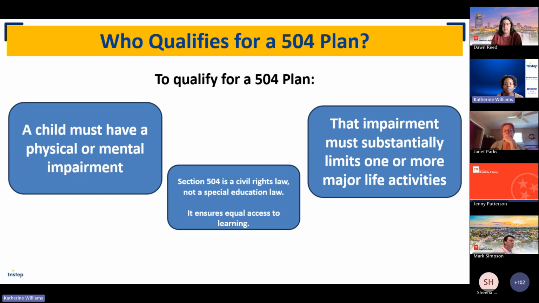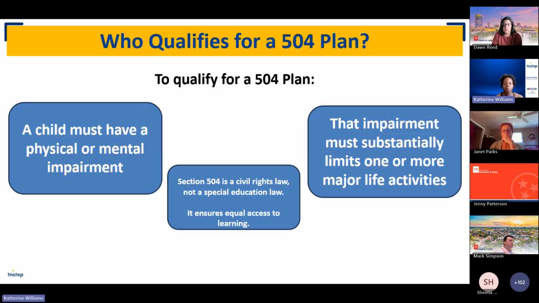So who qualifies for a 504 plan? To qualify for a 504 plan, a student has to meet two main criteria. So first, they must have a physical or mental impairment. Second, that impairment must substantially limit one or more major life activities. So major life activities could include things such as learning, focusing, walking, breathing, communicating.